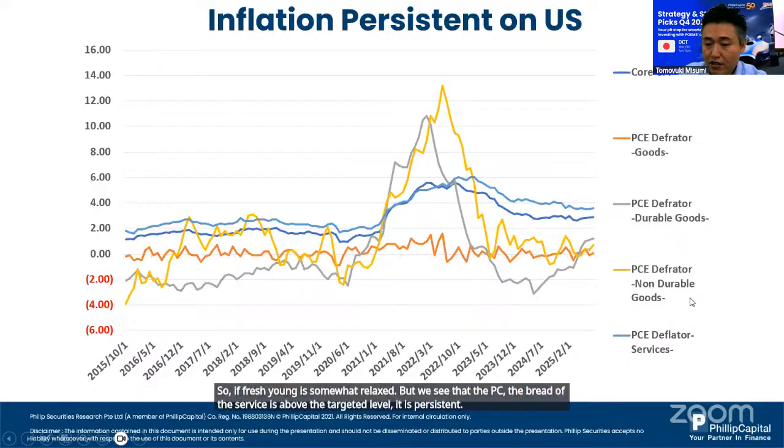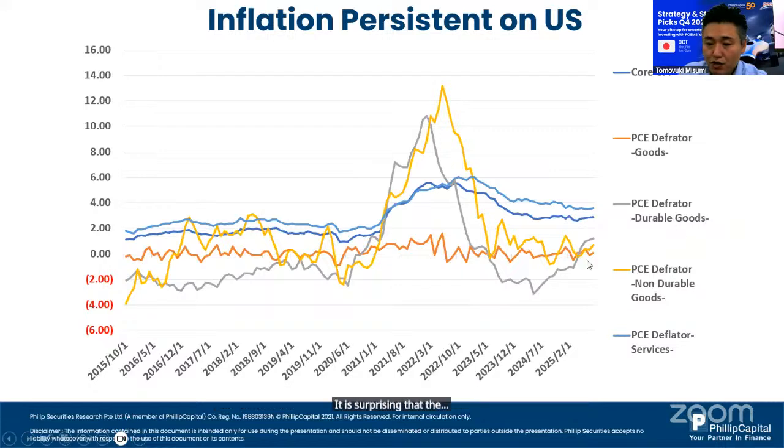It is surprising that non-durable goods are below the target level and very fluctuating, and the general goods PCE deflator is at almost 0% inflation. This is surprising.